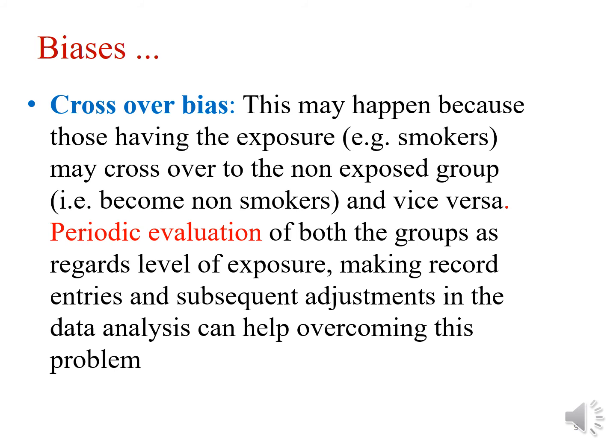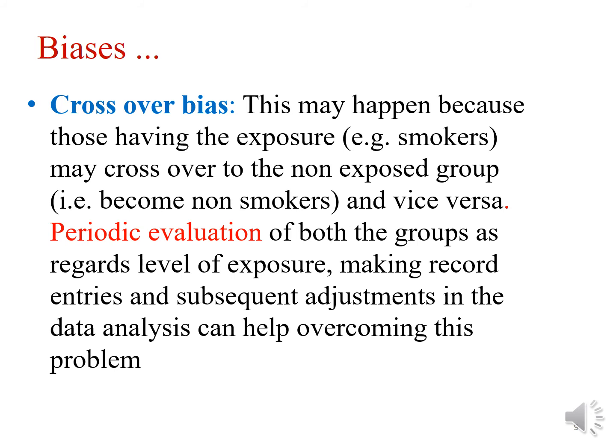For example, if smoking is a risk factor, then exposed group comprises of smokers exposed to risk factor, and non-exposed group comprises of non-smokers. Non-smoker, non-exposed group, not exposed to smoking. This may sometime happen during follow-up.